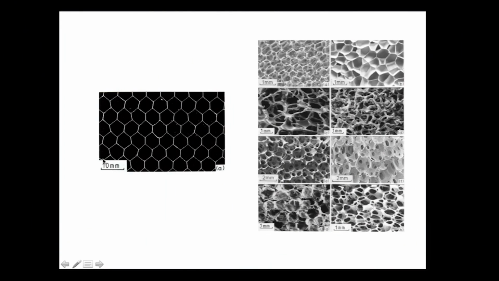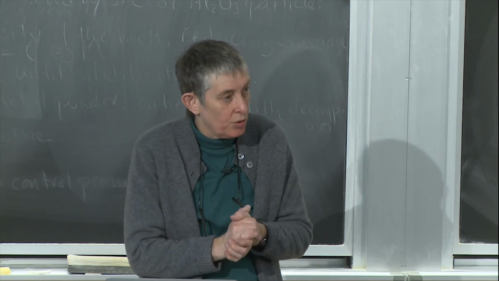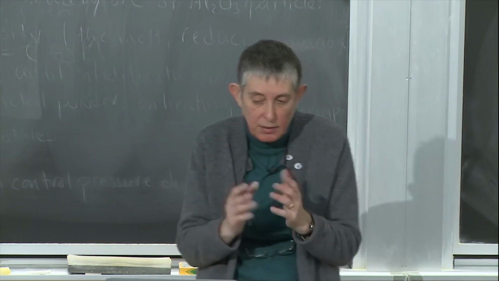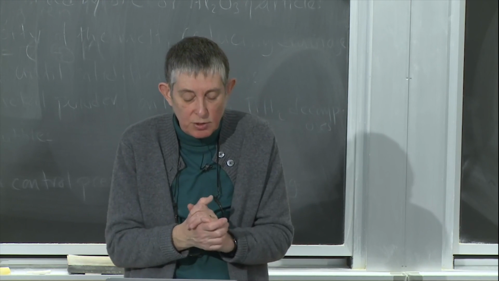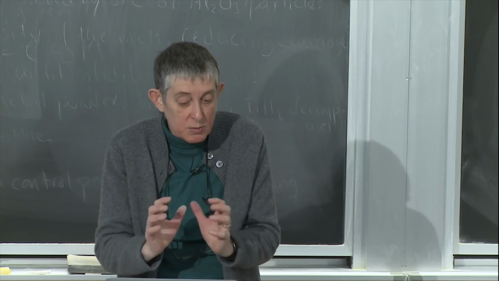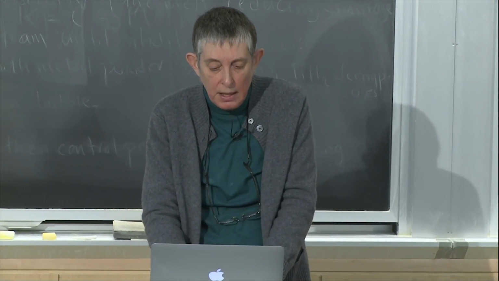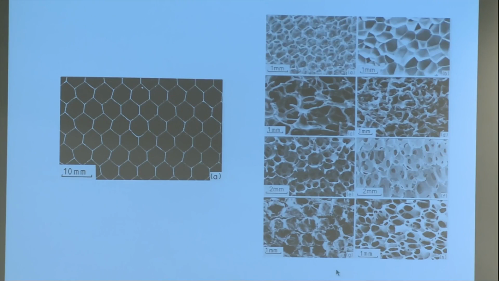One's called honeycombs, so this thing down here is a honeycomb, and honeycombs have polygonal cells that fill a plane, and then they're prismatic in the third direction. So you can think of them as prismatic, and they can be hexagons, squares, or triangles, but the cells are just in a 2D plane. And then we also have foams.